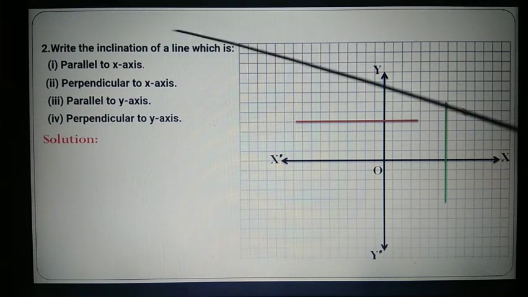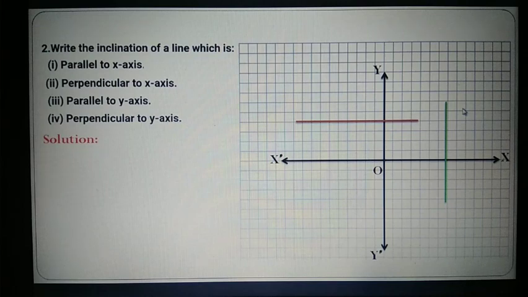Now to find the inclination, that is theta, the angle made by the line with the positive direction of x-axis. Now if you pay attention carefully, this line is not intersecting this line. Yes or no? So that's why the angle theta is taken to be 0 in such cases. So for the first case my inclination is going to be 0 degrees.